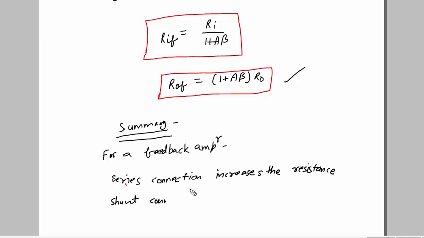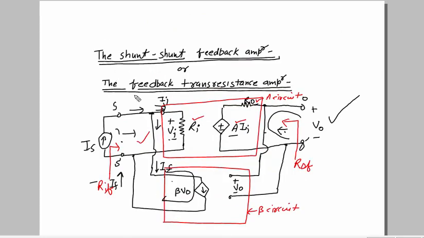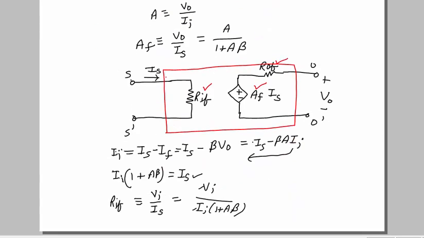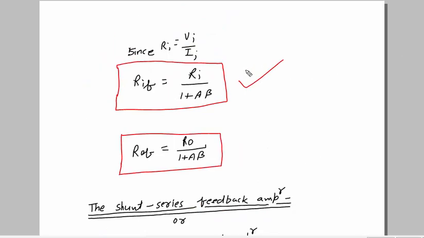Okay, now shunt connection. Okay, just look, first we look for the input side. Okay, so here for the shunt feedback amplifier, input side shunt, we had what we got, RIF. See here, decreased.